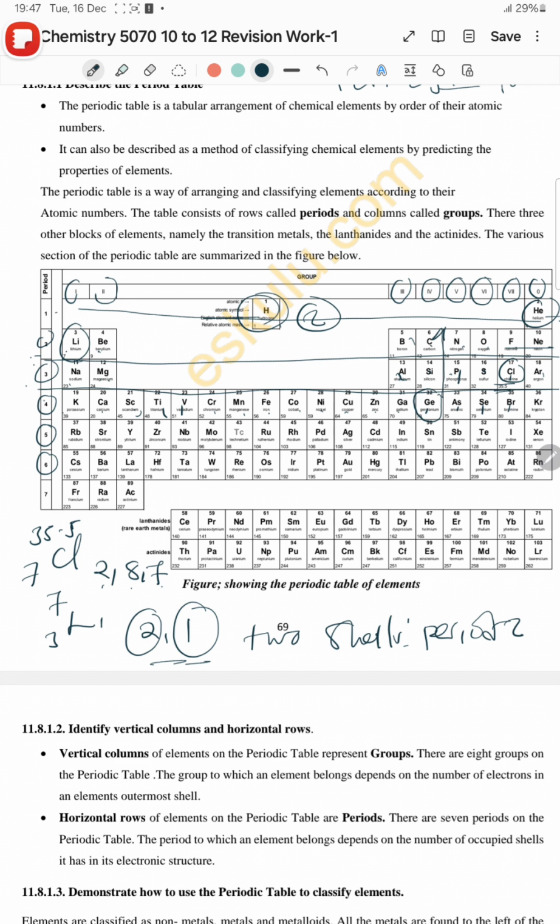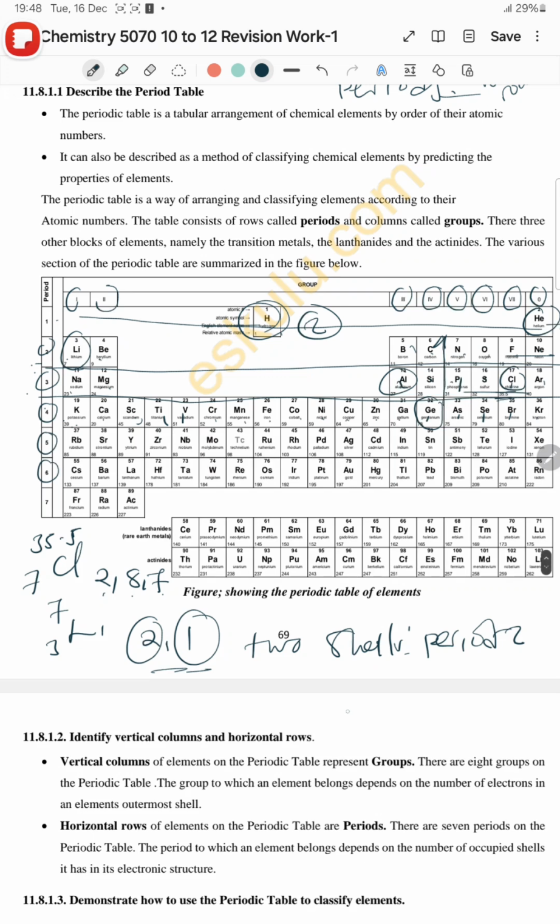Let's try another one. Let me not get aluminium because it was also in period 3. Let's go to potassium. So potassium is K, 39, 19.